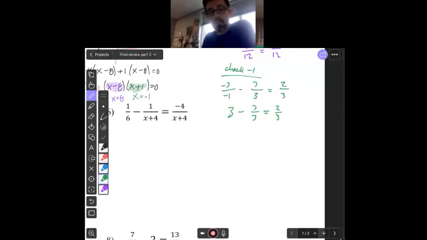How many halves are in 1, Jarrett? There you go. Yep. So how many thirds are in 3? There's 3 thirds in 1. How many thirds are in 3? There you go. So 9 thirds minus 7 thirds, which of course is 2 thirds.